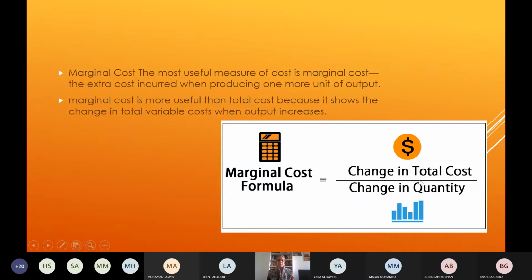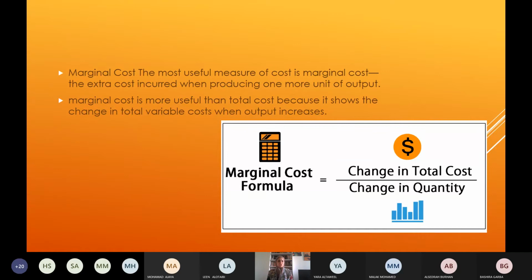For example, if I take from my father 500 reals to establish my business, and I produce 1,000 cups of lemonade, so 500 divided by 1,000. This is the marginal cost formula. This is how to define it. You're not asked to calculate it, you just need to understand it.